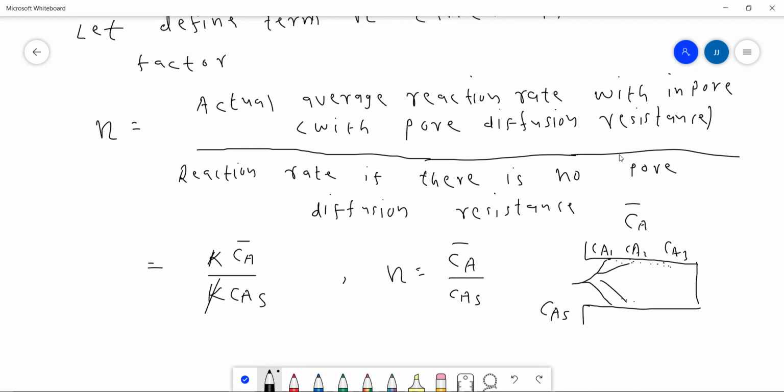Definitely due to the pore diffusion resistance, the concentration drops, so we have to consider the average concentration, so that we can write average reaction rate divided by the reaction rate if there is no pore diffusion resistance. If there is no pore diffusion resistance, then everywhere we have CAS, because there is no concentration drop or change. So these are the relative rates. We can also call it the relative rates.